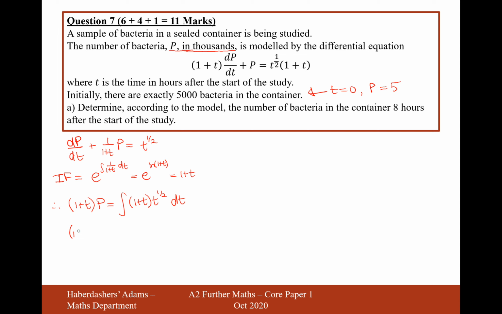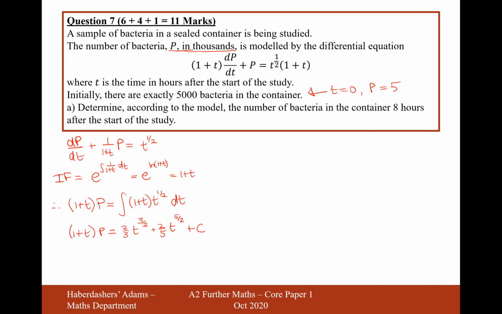Okay, so it's 1 plus t times P equals, let's now integrate this, expand the brackets, you'll get t to the power of a half, integrate that, you're going to get 2/3 t to the power of 3 over 2. And on this one you're going to get t to the power of 3 over 2, integrate that, and you're going to get 2/5 t to the power of 5 over 2, and then plus c.